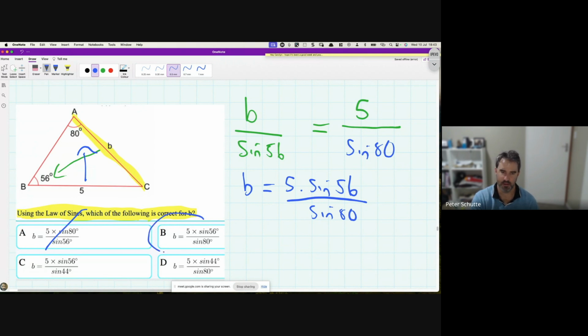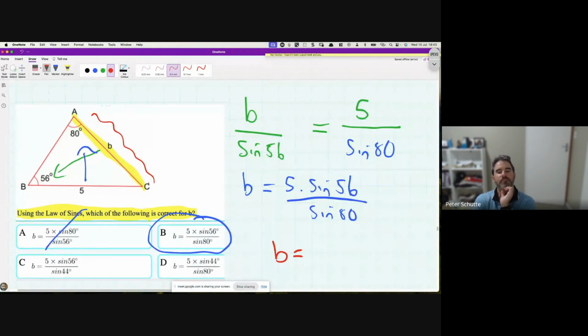It must be b. Find me what the value of b actually is. Like, what is the length of that side? What is the length of b going to be?